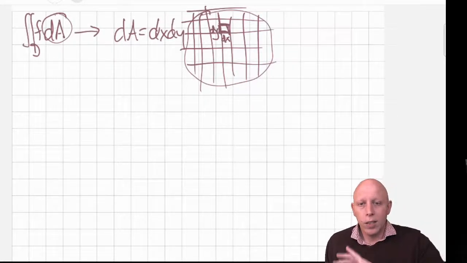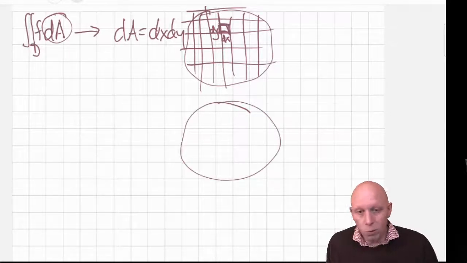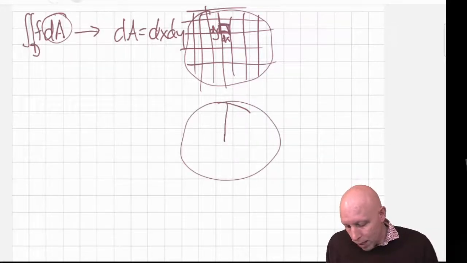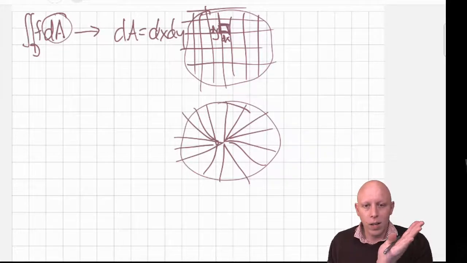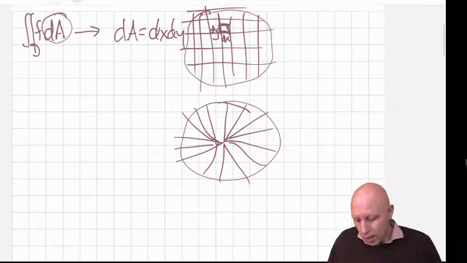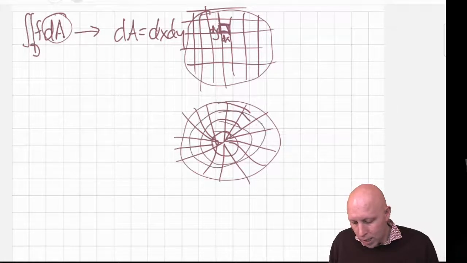When you're dealing with slices, if we looked at this same region, but instead we sliced it up in terms of r's and thetas, remember d thetas now are these angle slices, and dRs are now these radial slices.